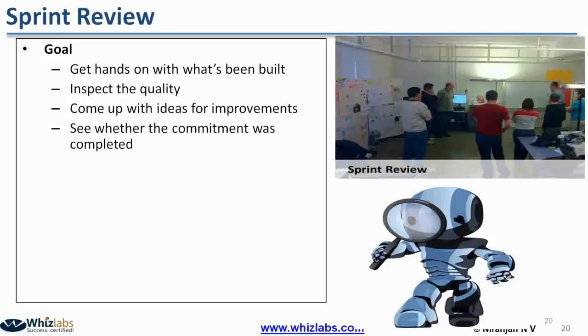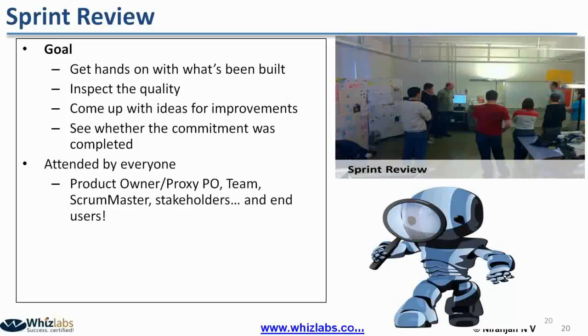If the team was not able to do certain activities, those things can be reviewed and identified as improvement areas. And lastly, to know what was committed and whether the team has delivered.